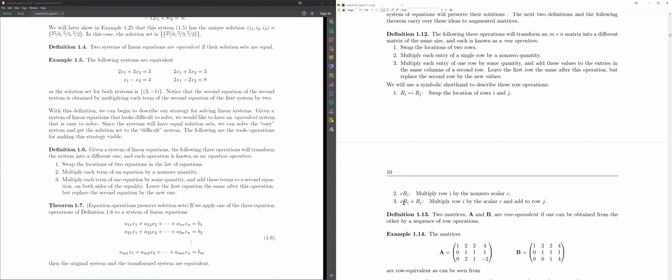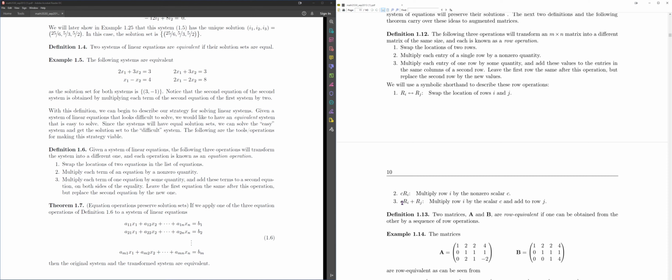Okay, so this last notation over here, the notation that I will use in the notes, is you add a multiple of row i. You're multiplying row i by a scalar and adding it into row j. You just need to be a little careful about how you interpret it.